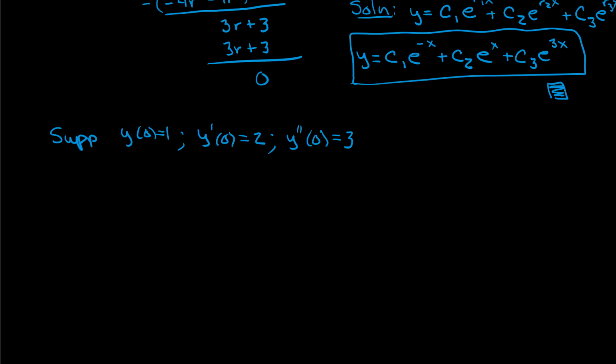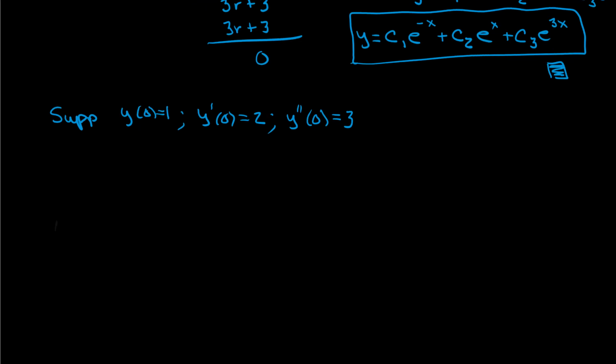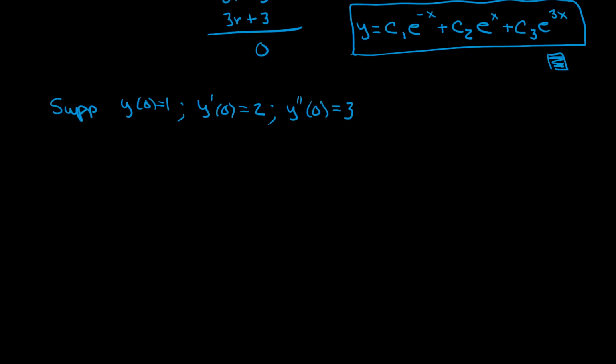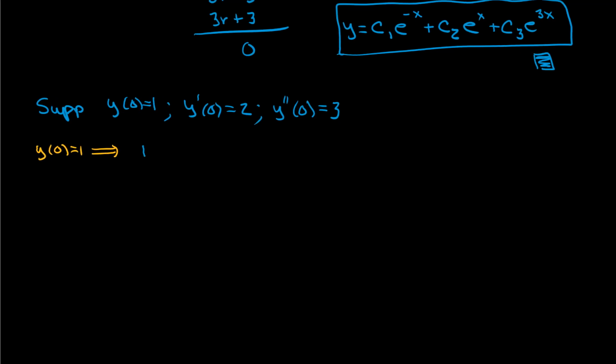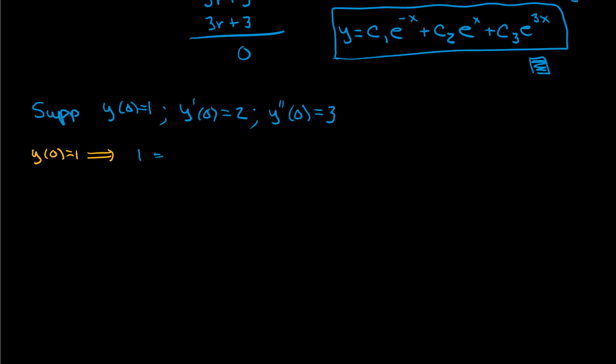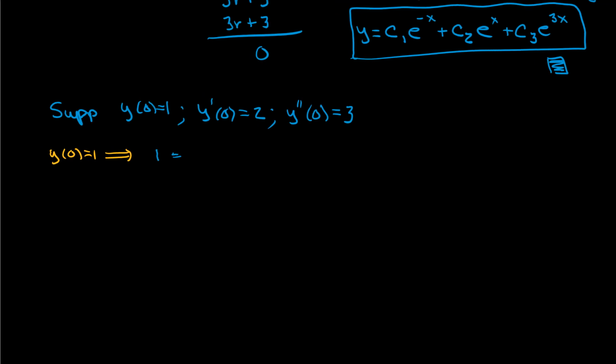Let's start with this first piece of information where we have y of 0 equals 1. So we know the y value is going to be 1, trying to keep the general solution in the upper right corner. Okay, using this first piece of information, I'll just jot this down like this. Y of 0 equals 1 gives us the situation where the y value, the left-hand side, is going to be 1 when we have an x value of 0.